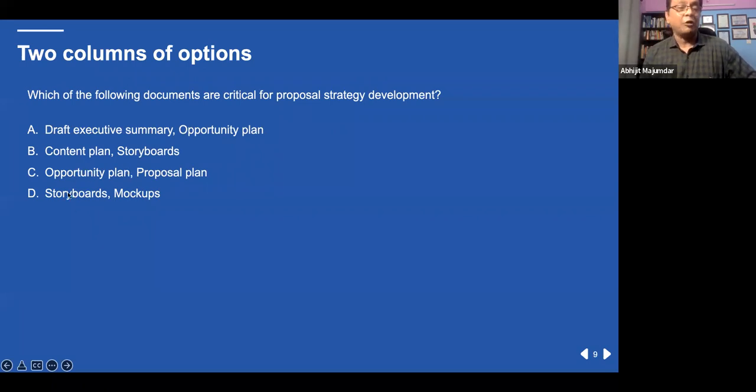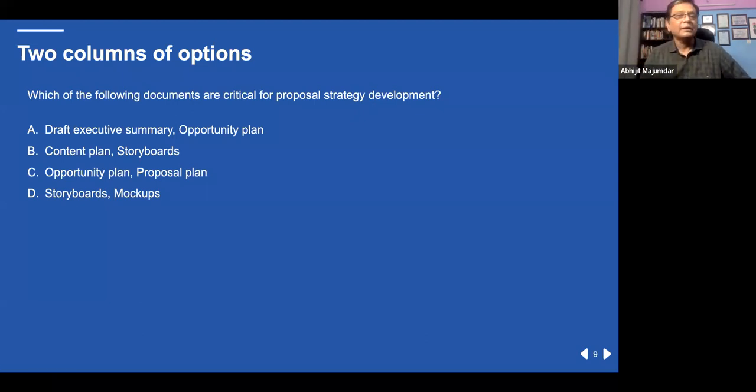Now there can again be combinations: content plan, proposal plan, storyboard, opportunity plan, storyboard, draft executive summary. It can be multiple combinations, but both the options should actually satisfy the STEM or the question. Okay. Now in this case, it is again C, opportunity plan and proposal plan. They are critical for the proposal strategy development.